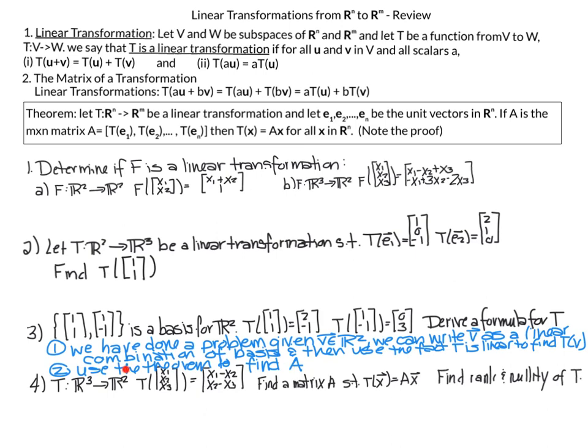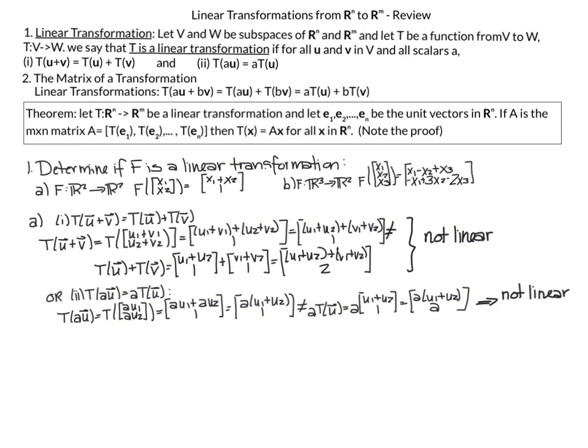The second component that we're going to use in this problem is this theorem here that tells us how to find the matrix, and we want to know what the transformation does to each of the standard basis vectors. So we're going to use techniques from these 2 examples to do this problem here.